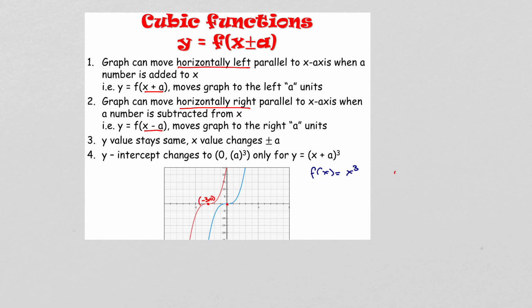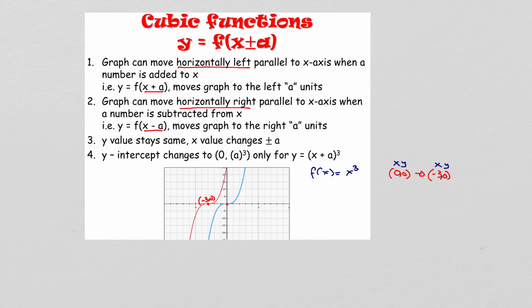So we have 0, 0 has become minus 3, 0. And therefore I can see that my x value has been reduced by 3. So in other words, I have taken 3 away from the x coordinate. So all my coordinates have shifted to the left by 3.